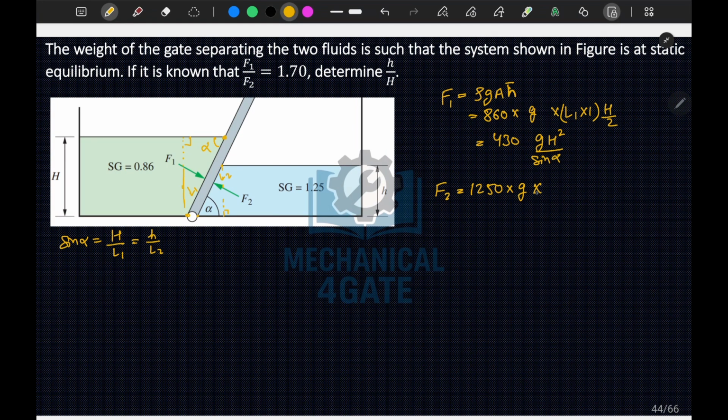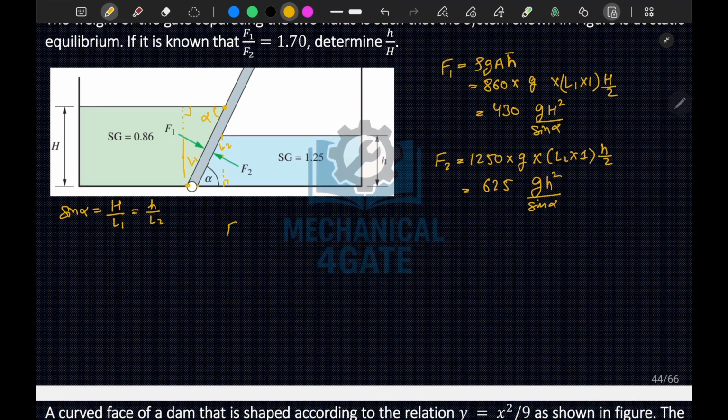The area will be L2 times 1, and h bar will be small h by 2. Now if we solve this, we get 625 into G h square by sin alpha. We have L2 is equal to h by sin alpha.